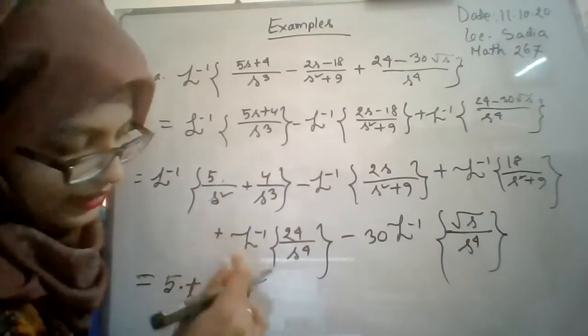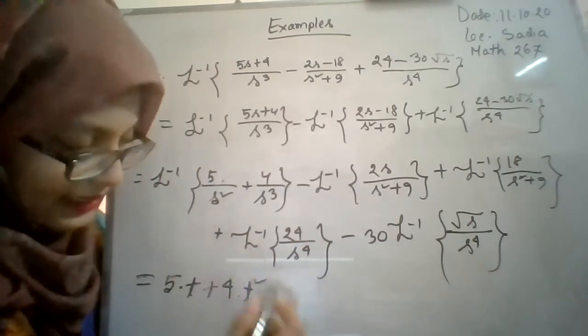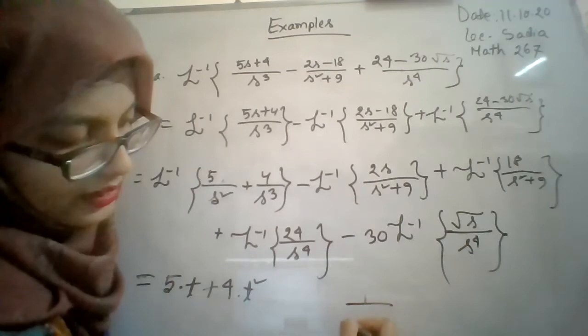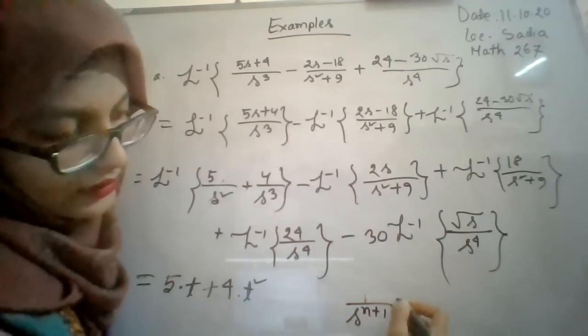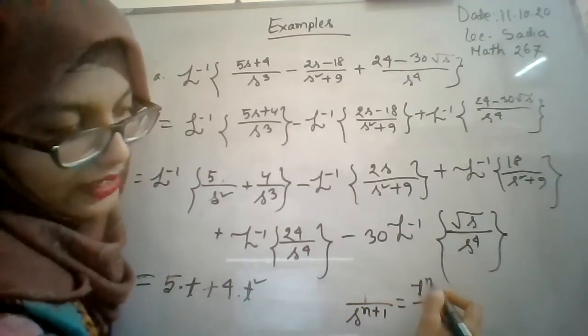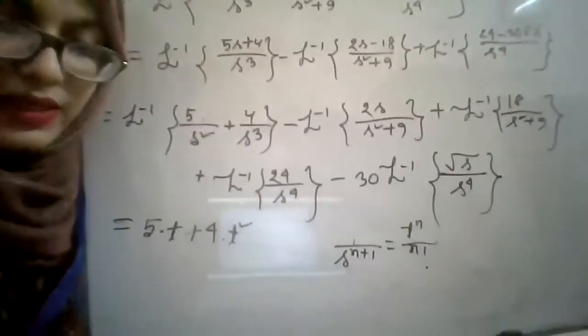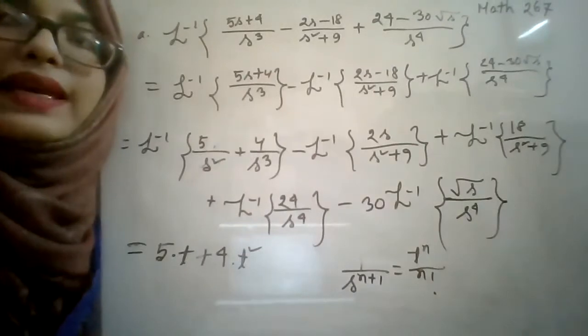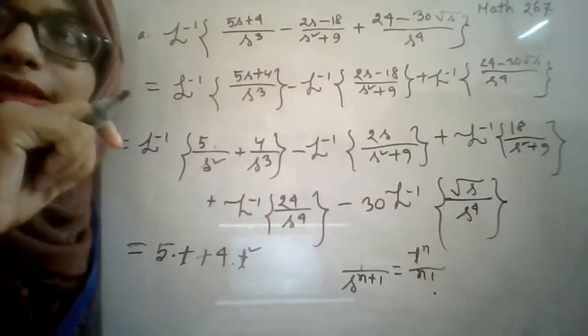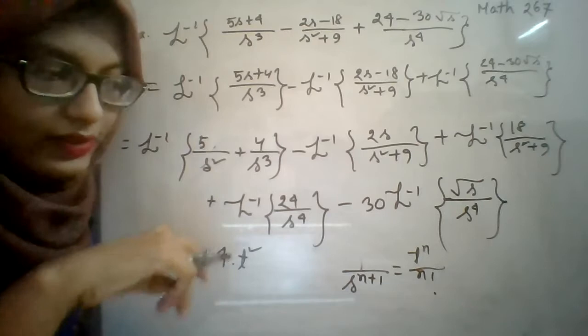So 4t square, is it only 4t square? Basically, the formula is inverse Laplace transformation of 1 by s to the power n plus 1 is equal to t to the power n by n factorial.